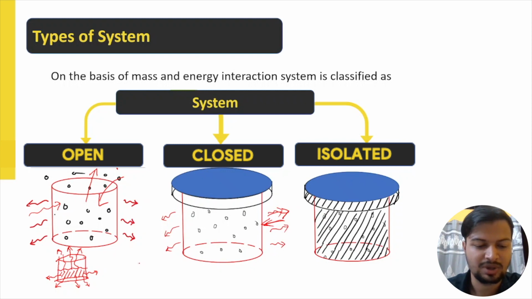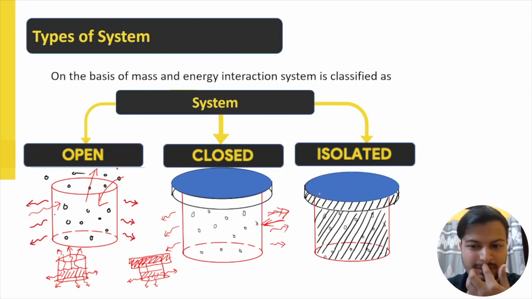We can take the same glass beaker, and if we cover the top and put some hot water here, then the mass cannot escape from the beaker. So we have prohibited mass from getting out of the system, but the hot water will be able to lose some of its heat energy, so energy interaction is taking place. So this is an example of a closed system.